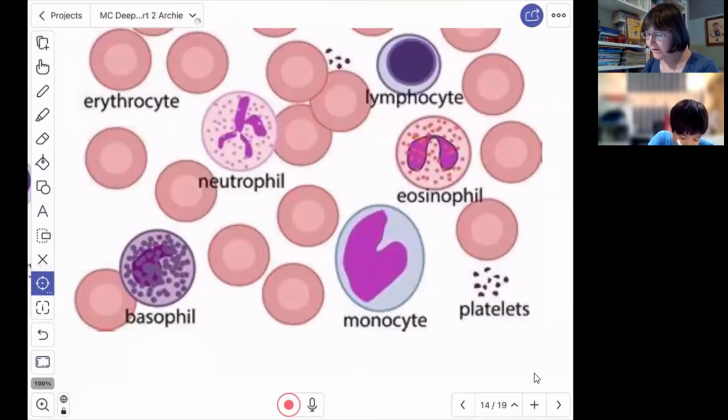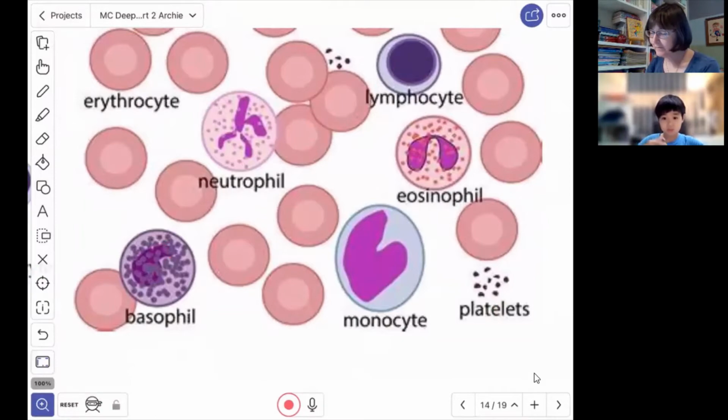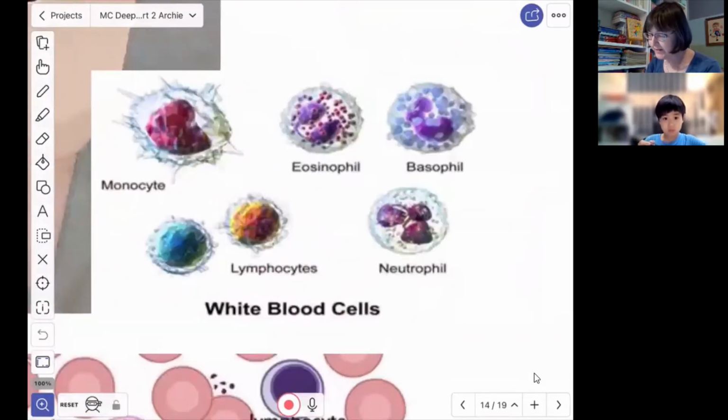And then our white blood cells, we have the basophil, the eosinophil, the neutrophil. You can see the granules in each of these. So those are granulocytes. There's a monocyte and a lymphocyte. And then these show the platelets. I just think the blood is so interesting.